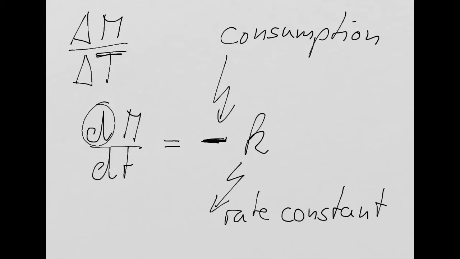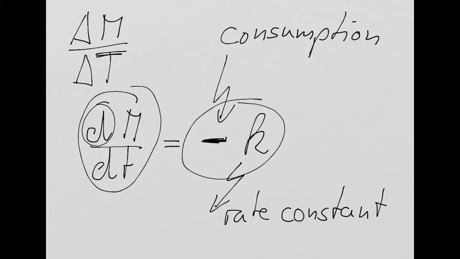And also C is already taken by the speed of light, and speed of light doesn't have anything to do here. So we have, for this particular reaction, this equation dm over dt equals minus k. So the change in Maltesers per time equals minus consumption k, a constant.